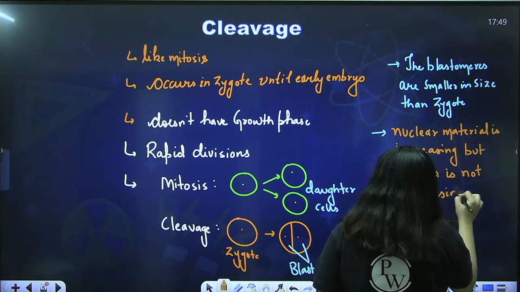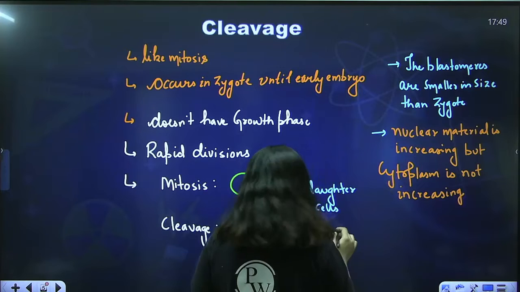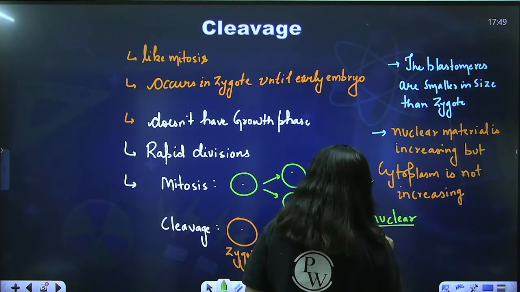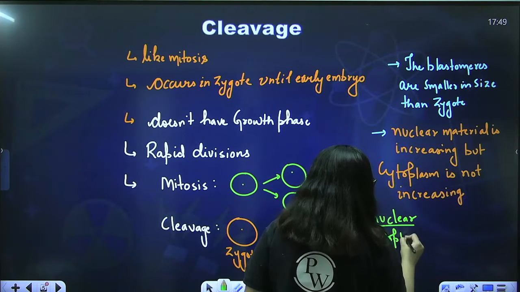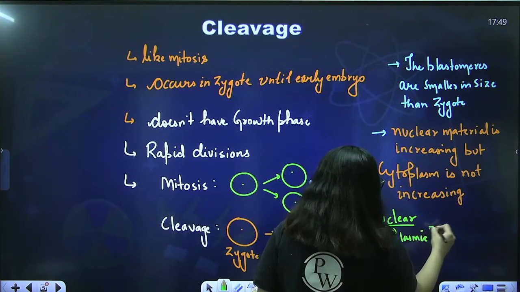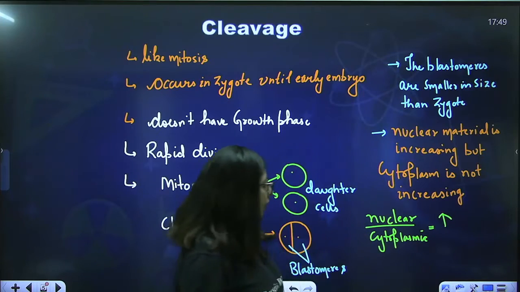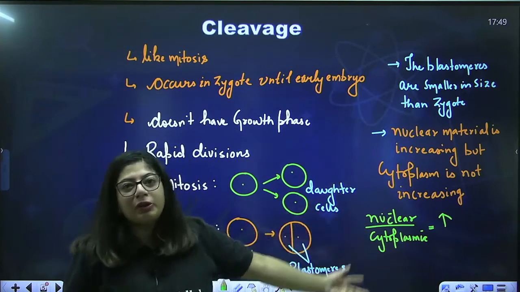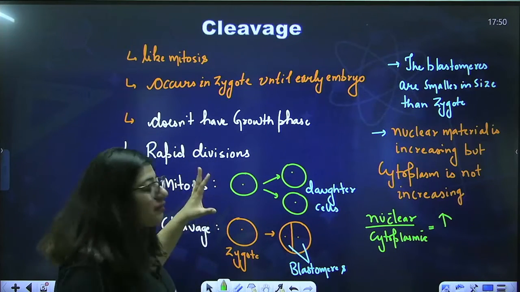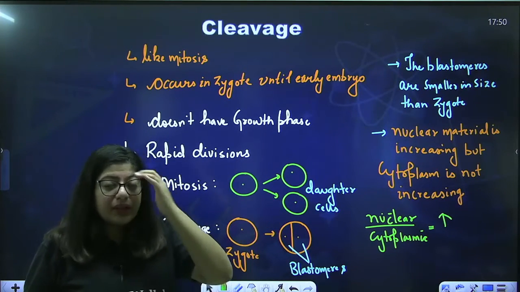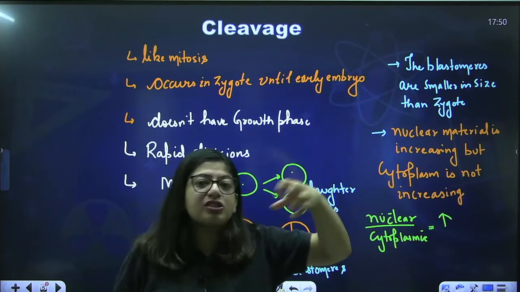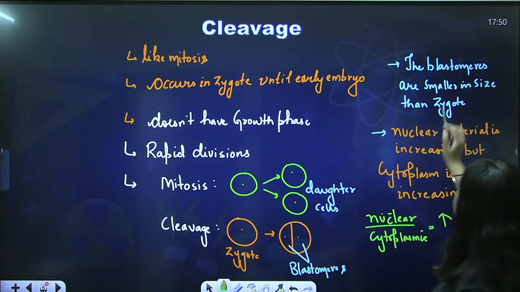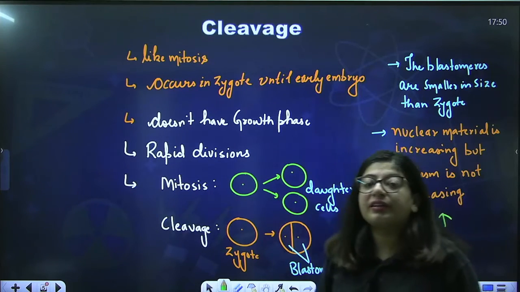So if you look at the nuclear to cytoplasmic ratio, it will be higher in these cells, because cytoplasm is less and nucleus is more. If you do the opposite, the ratio will be low. So these are the features of cleavage. In cleavage, the blastomere size remains smaller and smaller; blastomeres are always smaller than the zygote.